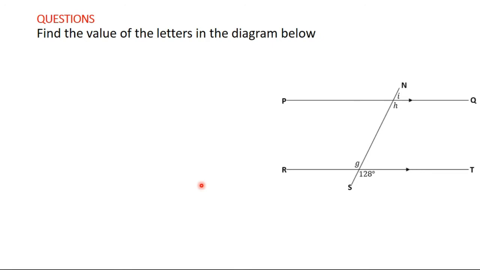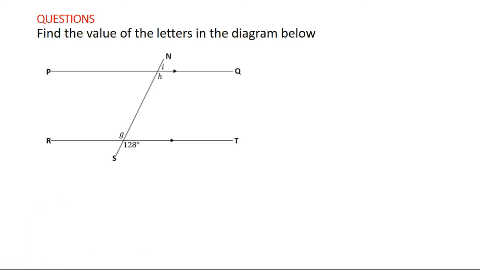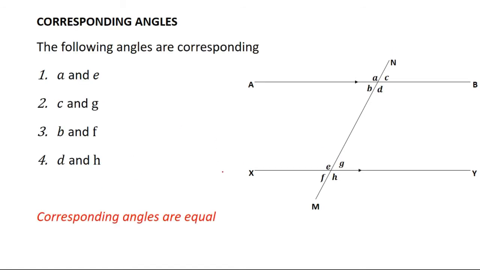Now let's look at this very carefully. We just learned that corresponding angles are equal. From this diagram, we can see that H is corresponding to 128 degrees. If you look at what we have on corresponding angles here, we can see clearly that D and H are corresponding.